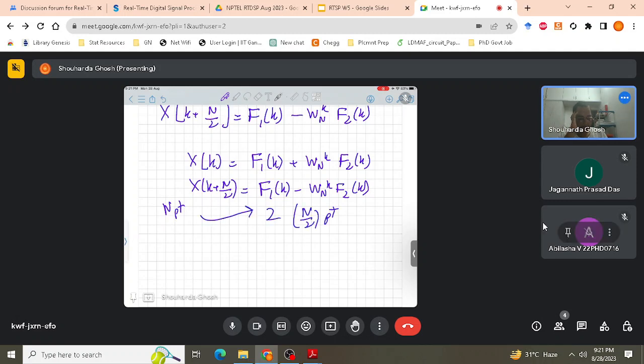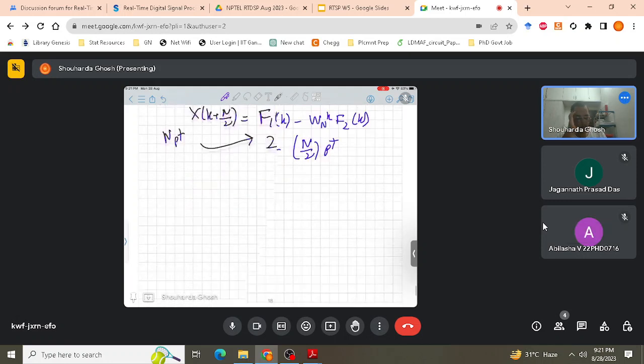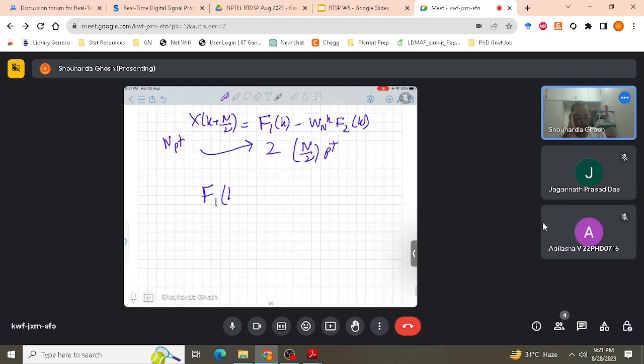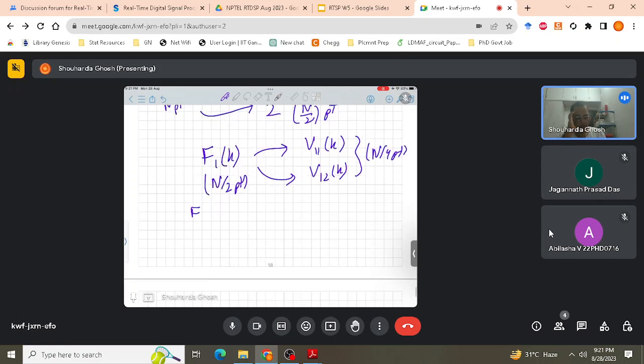Similarly, if I want, I can do the same with F1 of k. I can break it into two parts, V11 of k and V12 of k. This is an N by 2 point DFT and these will be N by 4 point DFTs. So what will I be able to write?